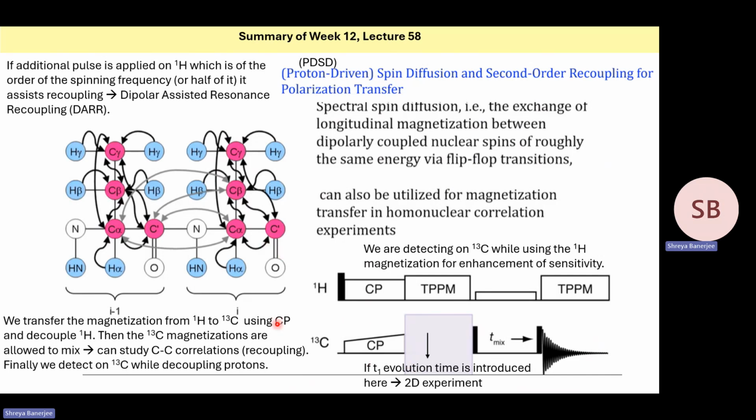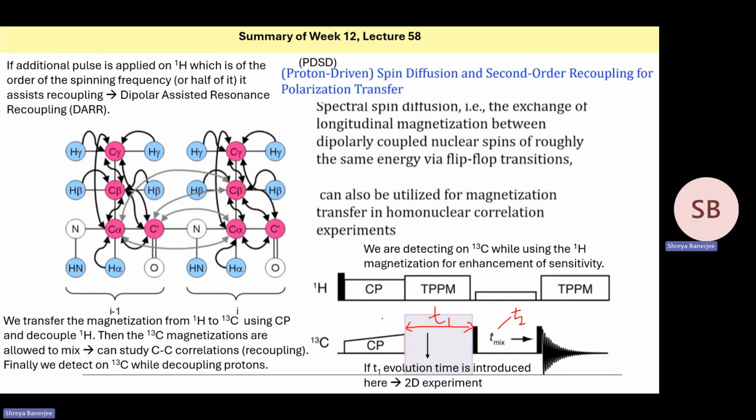This is one way. Another thing is that before the mixing, if we introduce a certain time in between the cross polarization and the mixing time, a time t1, that is the evolution time, then you will have two time axes, t1 the evolution time and t mixing, also called t2.